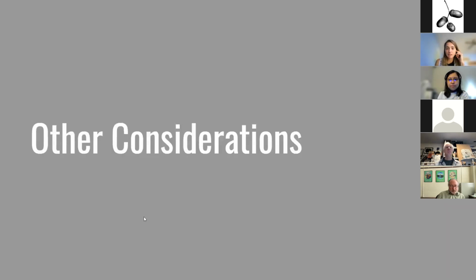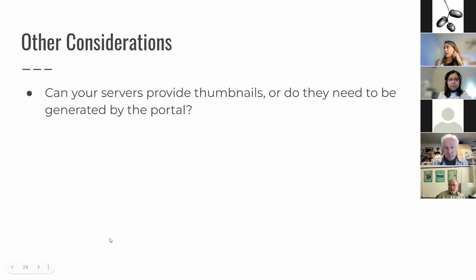A couple of other considerations to make before we go into our Q&A, and that is if you are producing your own URLs, so if your images are living on your own servers and they're producing URLs for those images, can your servers also provide thumbnails, or do they need to be generated by the portal?